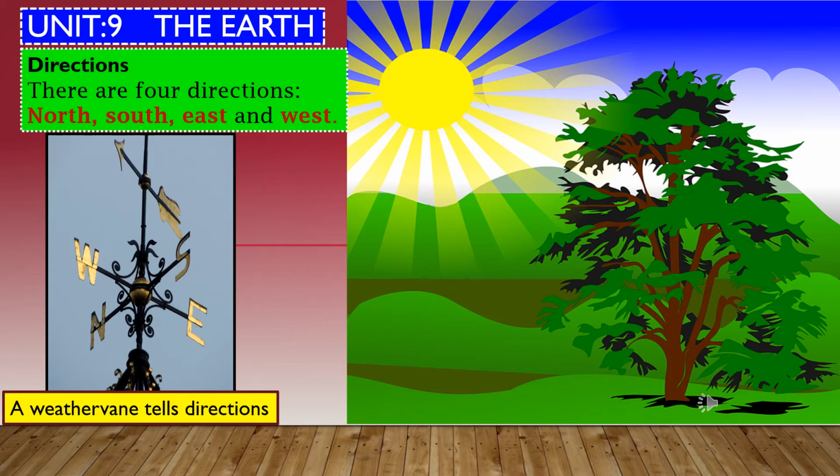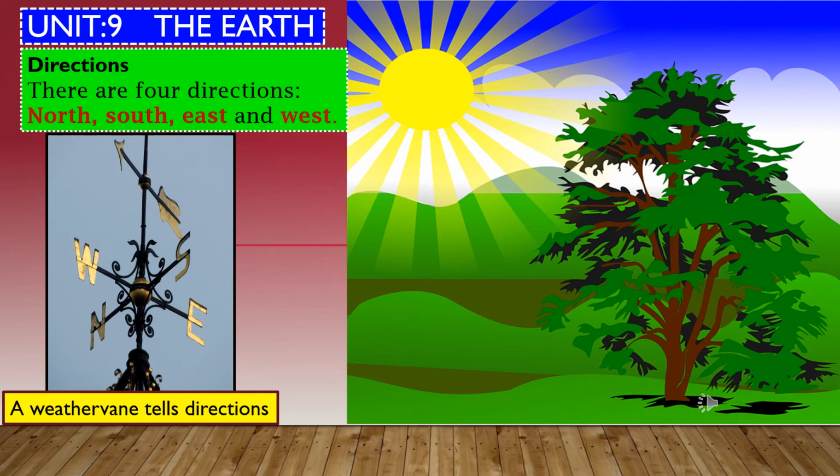And dear students, there is a device called a weather vane. It has a freely rotating pointer at the top, as you can see in this picture, and it is an arrow used to indicate the direction of the wind.